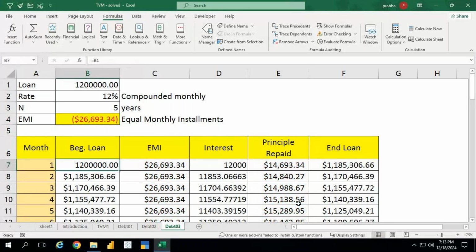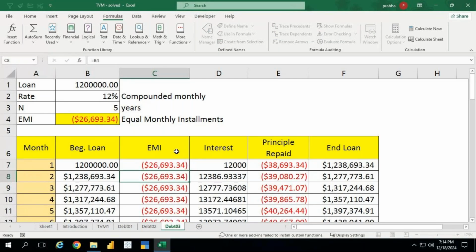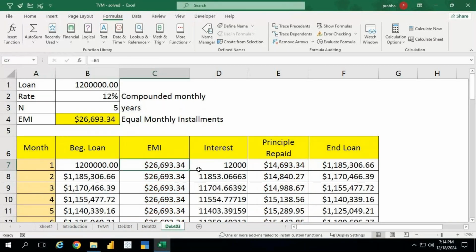So here I have taken the beginning loan equals the beginning loan amount and EMI. So EMI, what we have to take here, equals minus. Here also I can put the value, or I can directly take this value. Here I am going to put the minus sign in the beginning. Okay. So I have got this EMI. It is going to remain same.